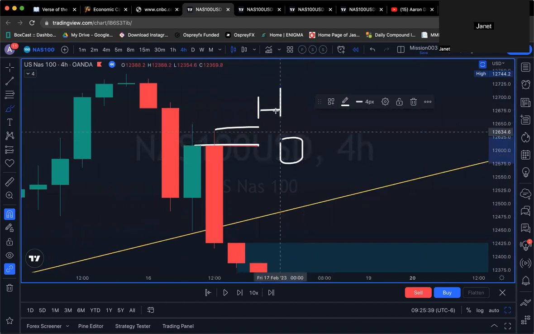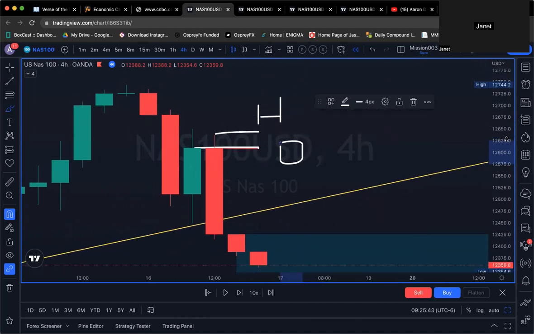So here's the high, here's the open. The open happened first. And then it went down, down, down, all the way and left this little wick right there, and that's a low. And then it came up a little bit, and that's a close.